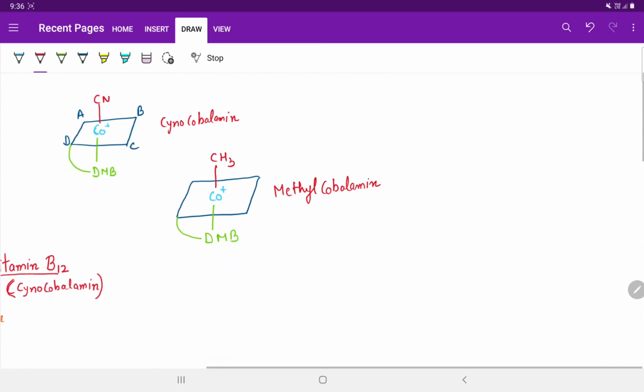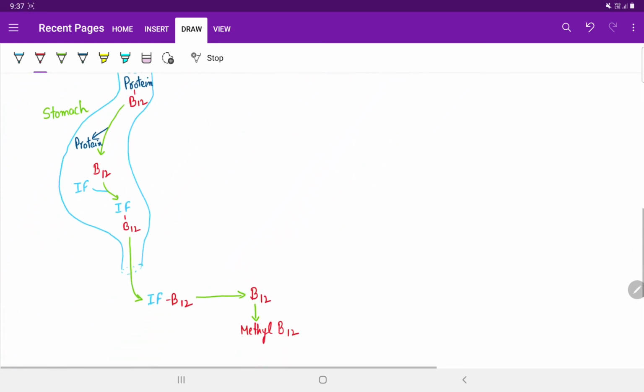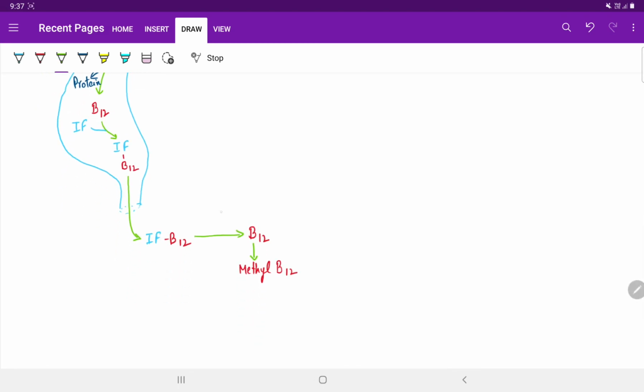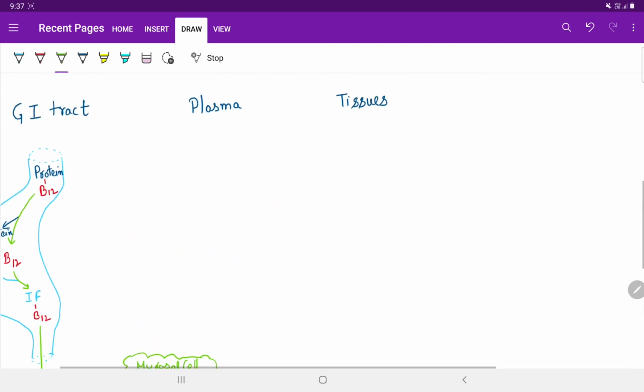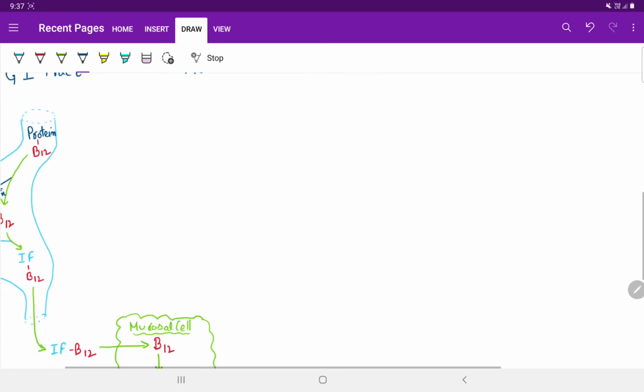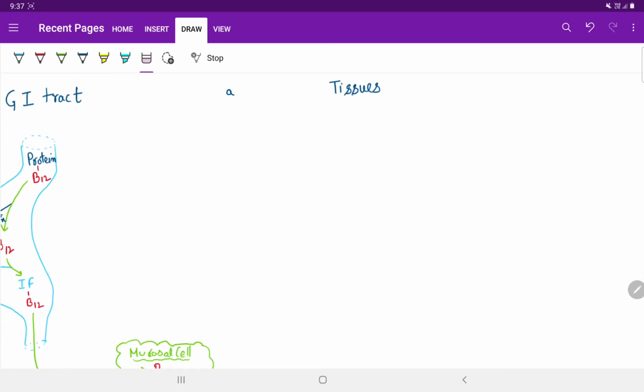This structure, methylcobalamin, is formed here. So this complete reaction occurs in mucosal cells in the intestine. Then we must draw a line representing the plasma.